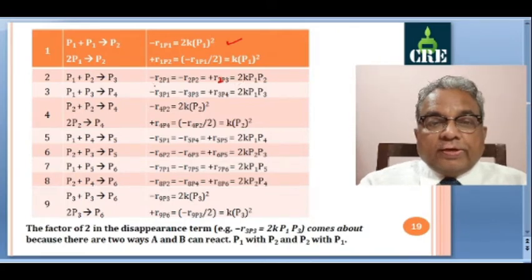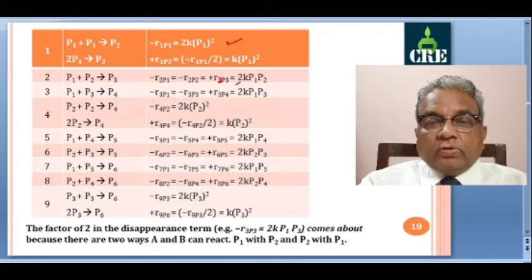So the rate of disappearance of P1 is equal to the rate of disappearance of P2 is equal to the rate of formation of P3, and that is K, if the rate constant is K throughout, K into P1 P2.